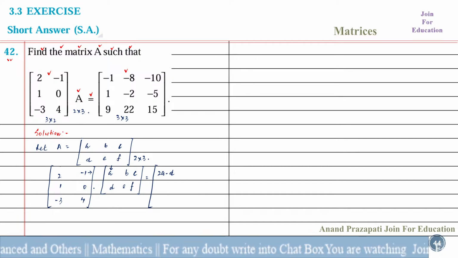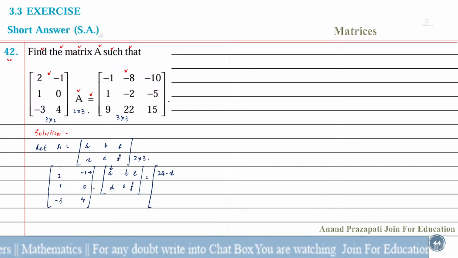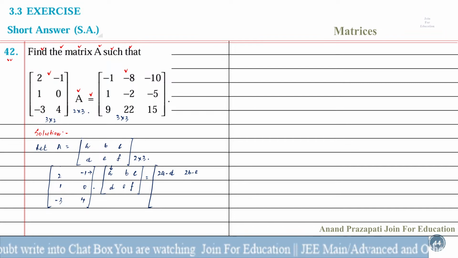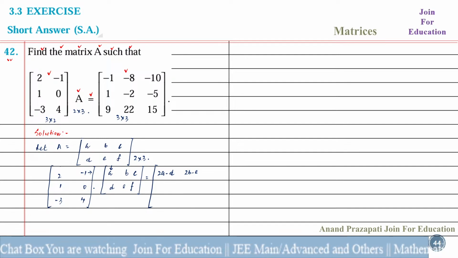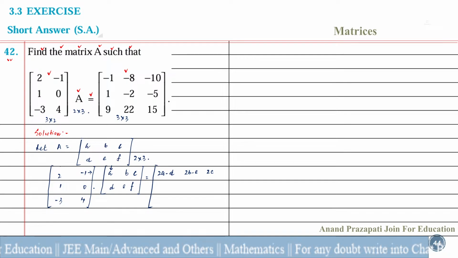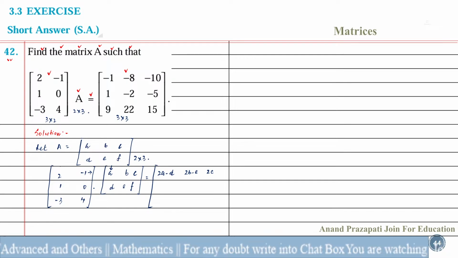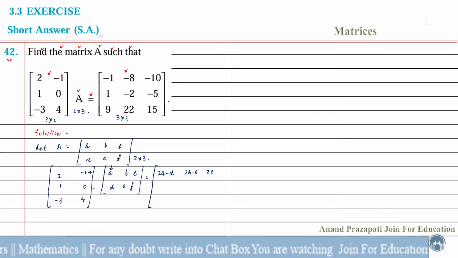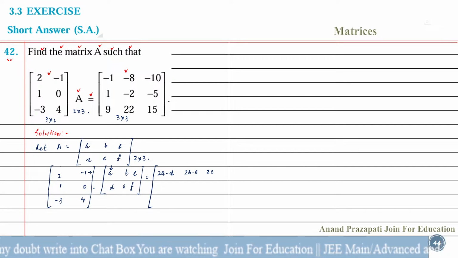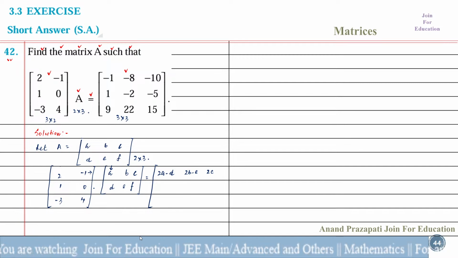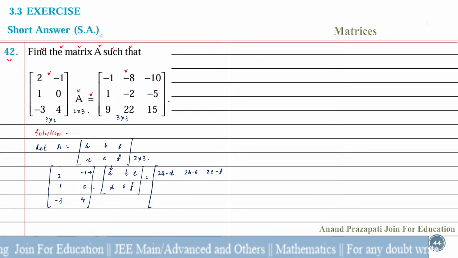First row by second column, then we get 2b minus e, and first row by third column, then we get 2c minus f. There is no problem to understand up to this step.